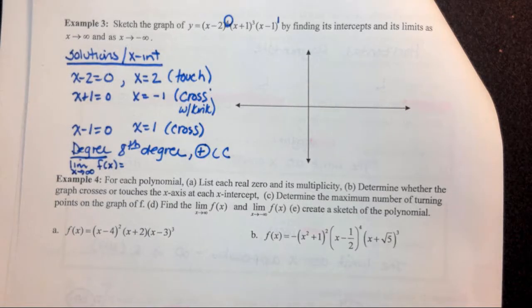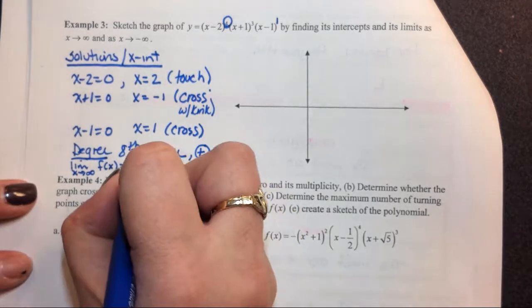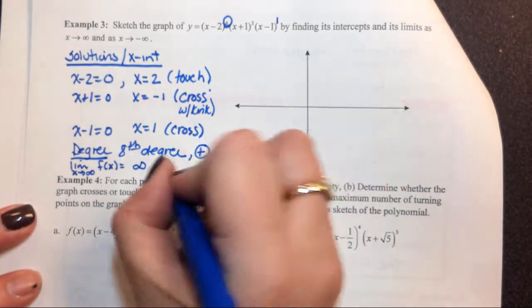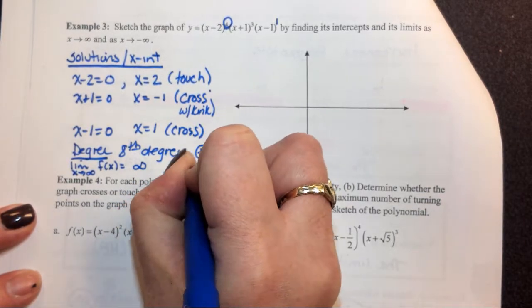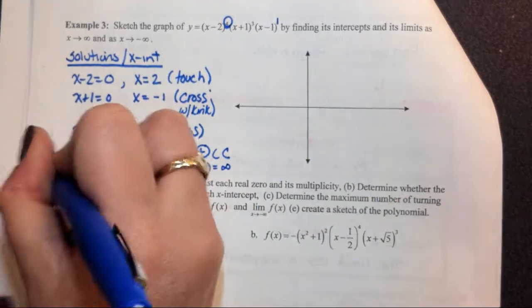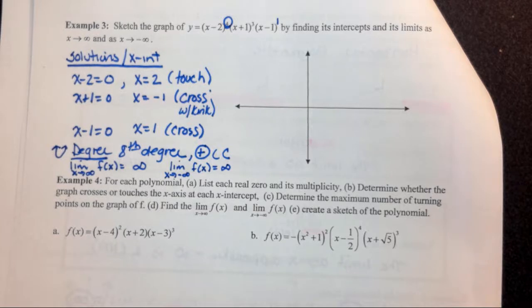If it's an even degree polynomial function with a positive leading coefficient, it's going to be facing positive infinity. So then the limit as x approaches negative infinity of f of x is also going towards infinity. So what that means, remember, is both ends are going to be pointing up. That's what it means about finding the limit, using that limit notation.